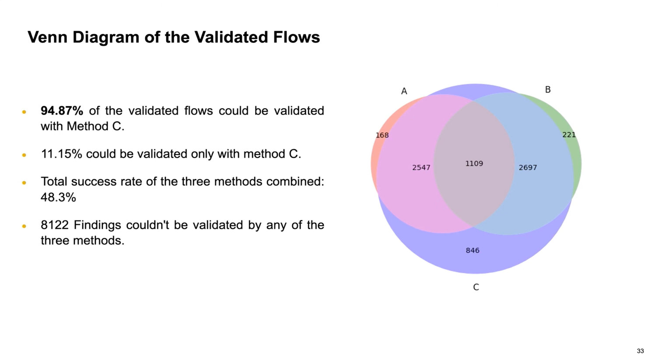Here is the Venn diagram of the results, and we can see that most of the flows that were validated by method A or B were also validated with method C. In addition, 846 flows could be validated only with method C, which affirmed the hypothesis advanced before.